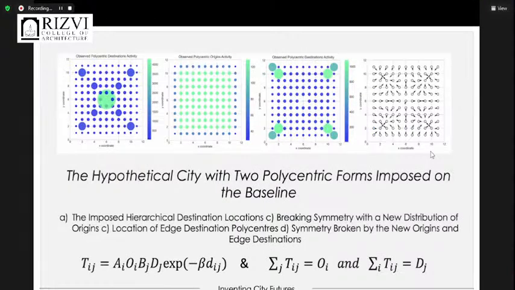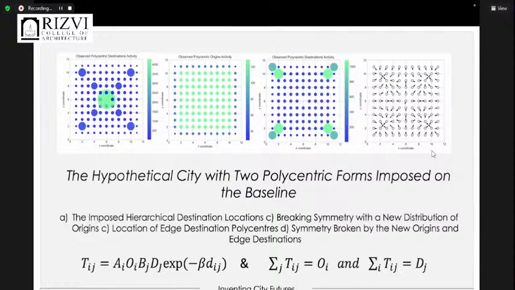And now don't worry about the things at the bottom there, you can forget those, but what we've done is to introduce structure, and the top line actually shows some examples. It shows an example on the left of increasing the centrality or the polycentricity of the ideal type.